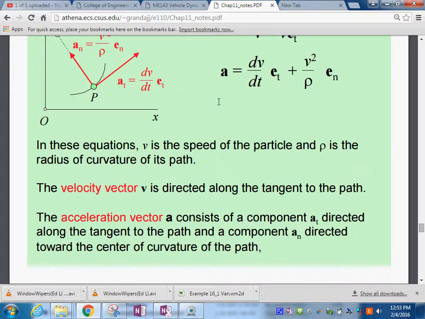So the velocity is directed along the tangent to the path, and the acceleration vector consists of a component directed along the tangential direction, which is v alpha t, and then the other one is the normal acceleration.